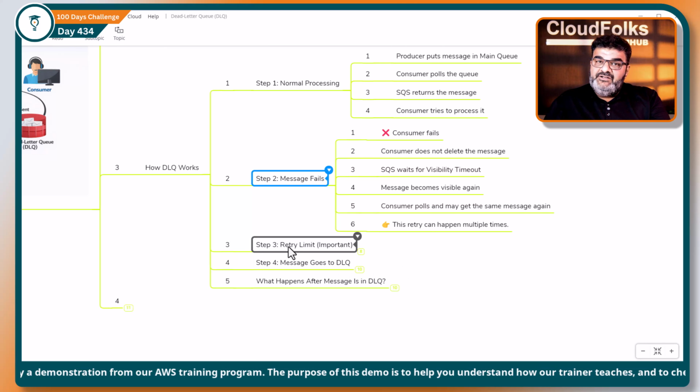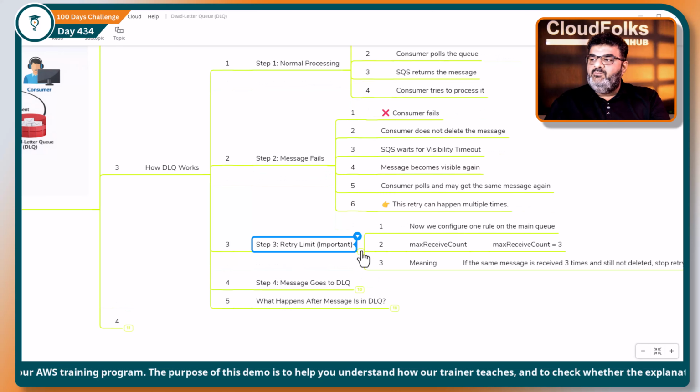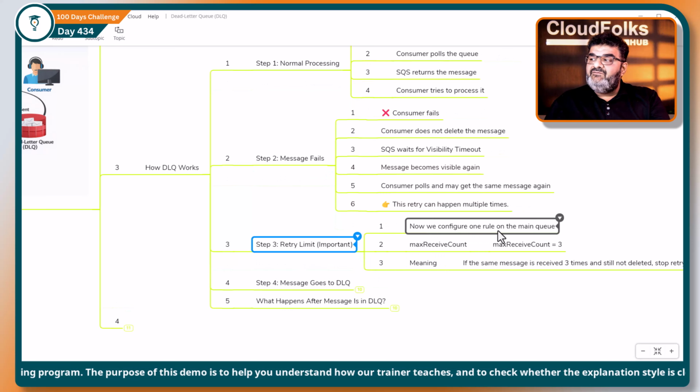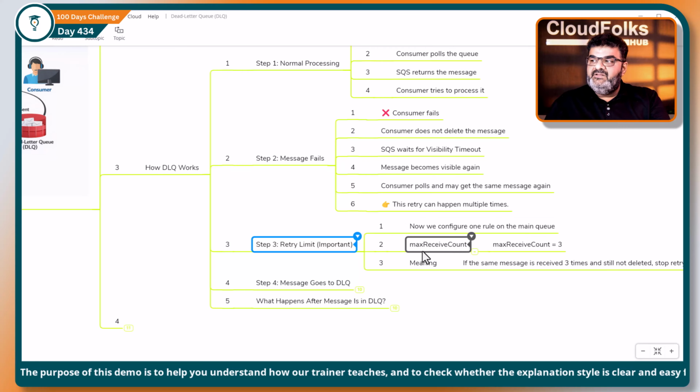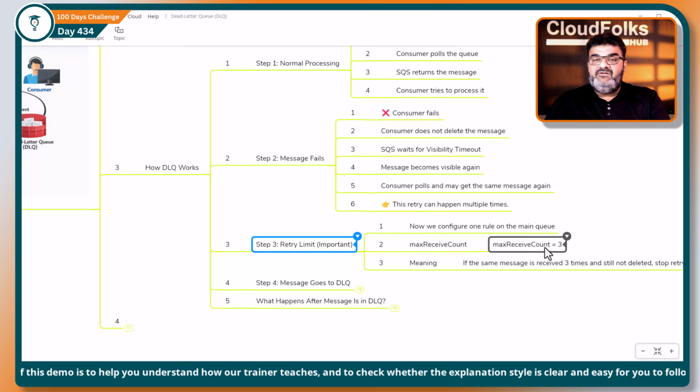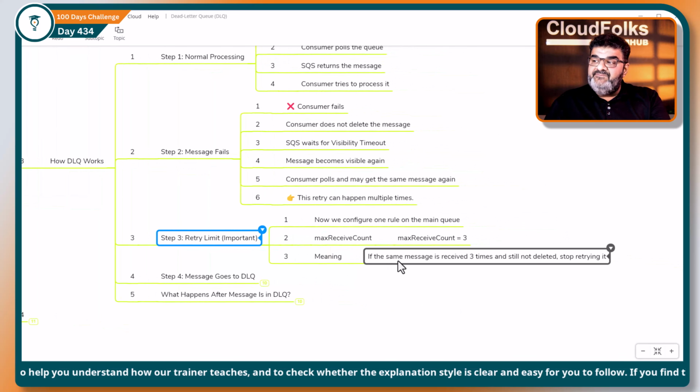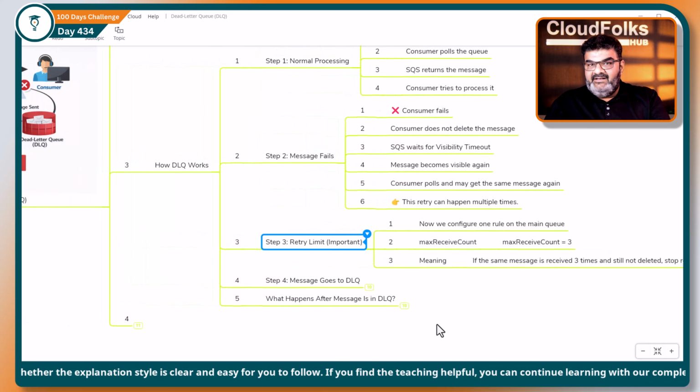First of all, we need to set up a retry limit when we are going to set up DLQ, right? So, now we configure one rule in the main queue. The rule is max receive count equals 3. Meaning, if the same message is received 3 times and still not deleted, stop retrying it, right? After 3 visibility timeouts, the message is appearing again and again.